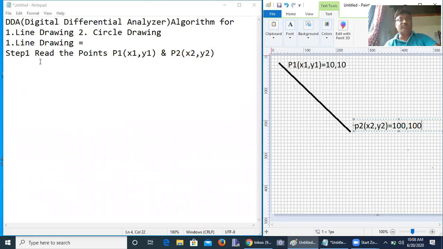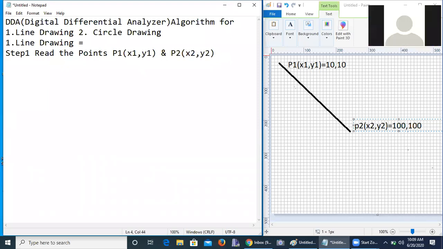Now come to this notepad screen. This is the notepad screen where I have entered step 1: read the points P1 x1 comma y1 and P2 x2 comma y2, meaning you have to store the coordinates. Now come to step 2.